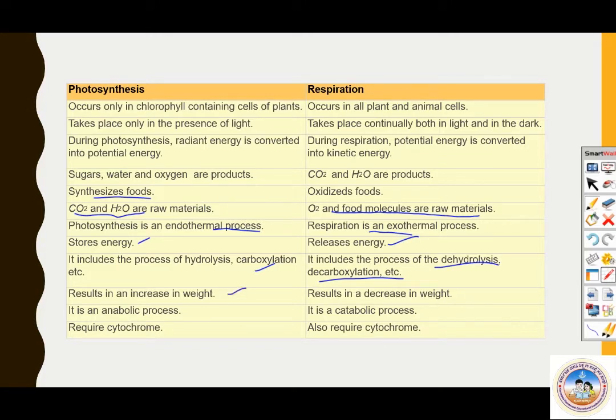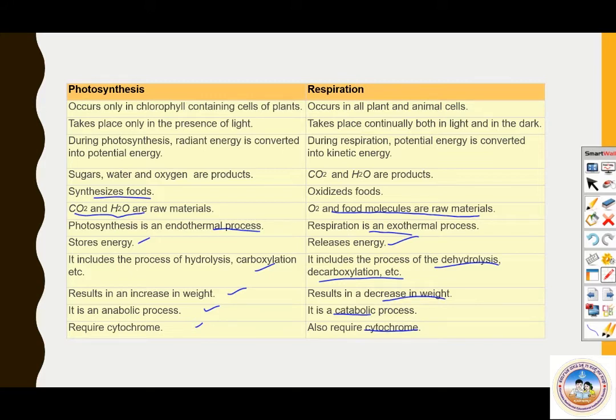Photosynthesis results in an increase in weight, respiration in a decrease in weight. It is an anabolic process, and this is a catabolic process. Both require cytochrome. So usually these are the differences between photosynthesis and respiration.